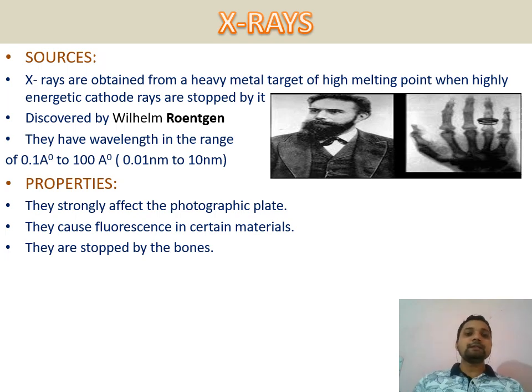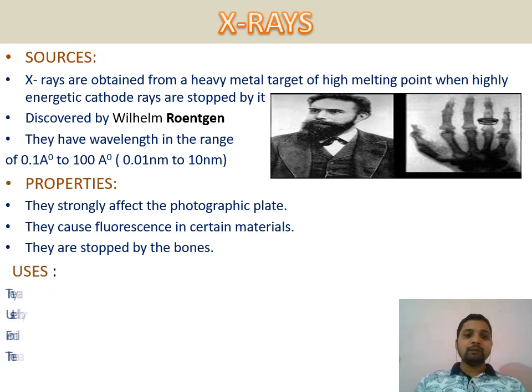It causes fluorescence in certain materials like zinc sulfide, like gamma rays. Because it has more wavelength, it does not have as much penetrating power as gamma rays, and X-rays can be stopped by the bone but can easily pass through skin and face.